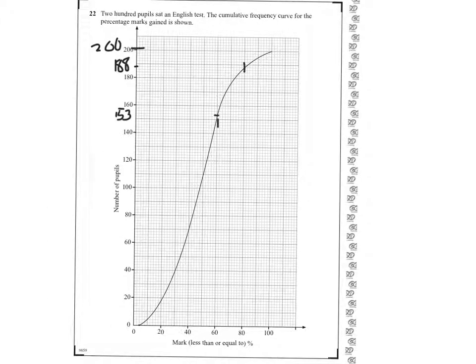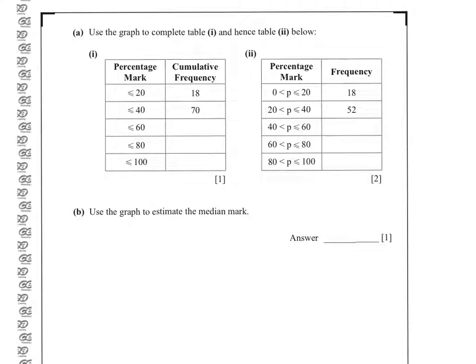There's 200 pupils, so when we're asked to find the median, we take a reading across at 100 and down. And taking that reading down, I can see that it is 48. So filling in the table, that is 153, 188 and 200.